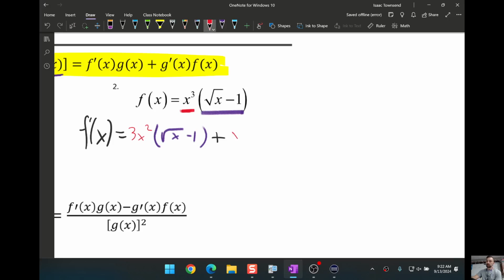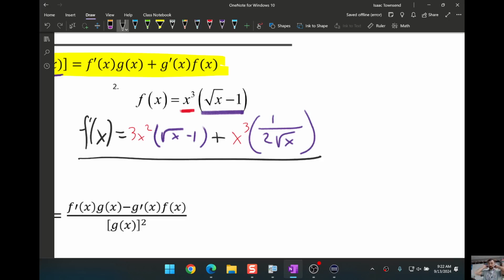Now leave the first part alone and take the derivative of the second part. Again, I know I'm doing the power rule quickly there, so just trust me that the derivative of x cubed is 3x squared and the derivative of square root of x is 1 over 2 square root of x. And that's it, other than maybe having to simplify it.